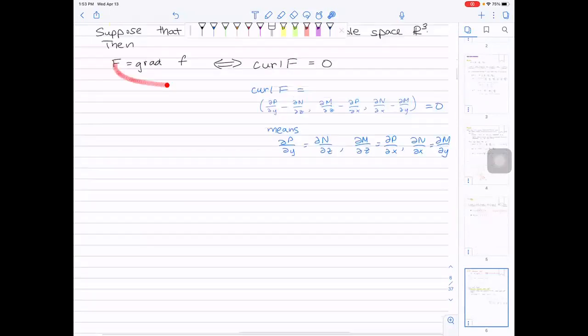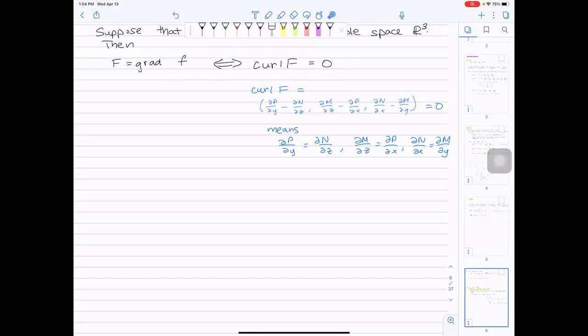Is this true? Do we get if and only if? Is the converse true? Let's look at what curl of F equals 0 means. If curl of F equals 0, that means that each of these components has to be 0.